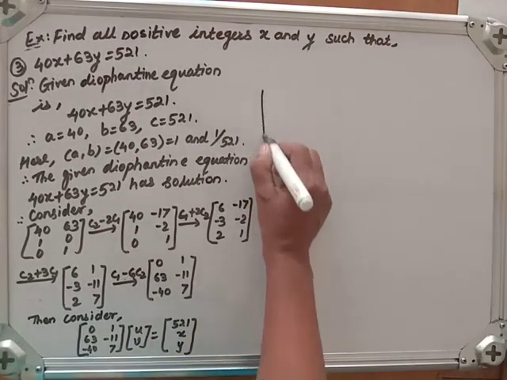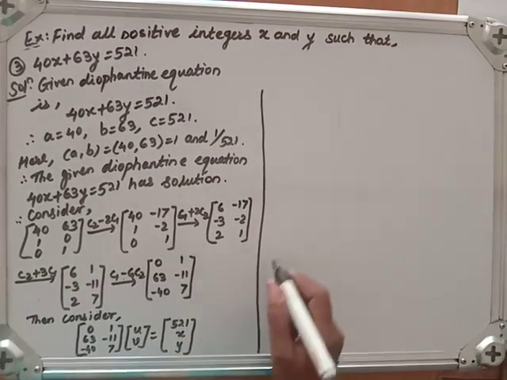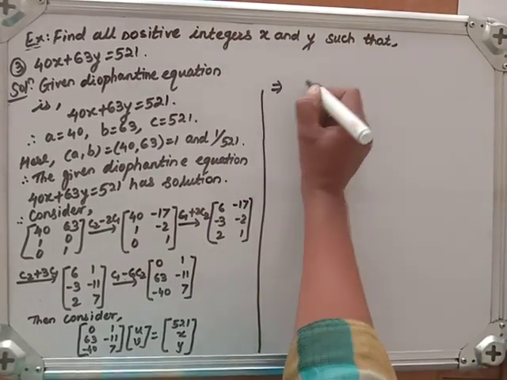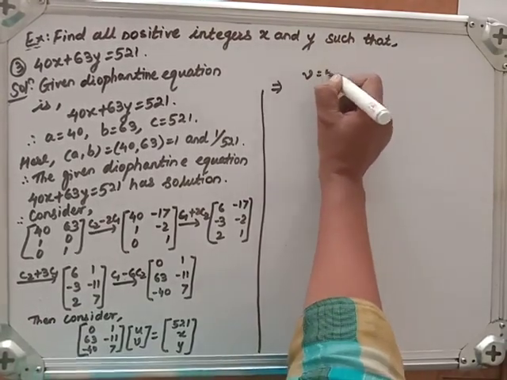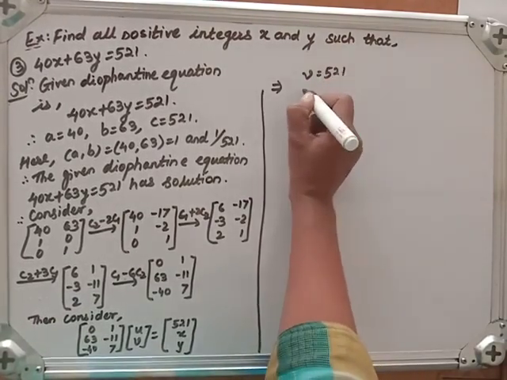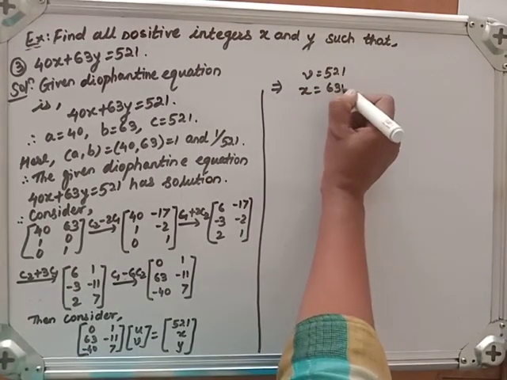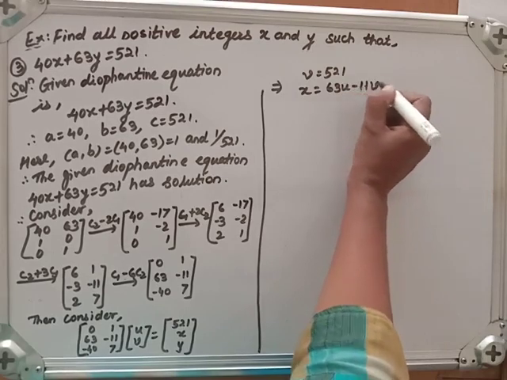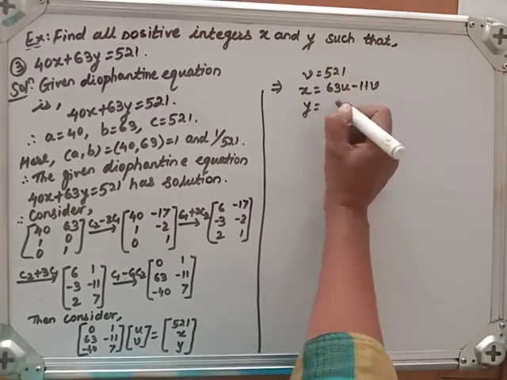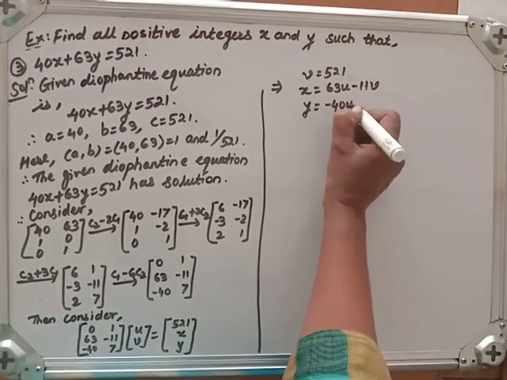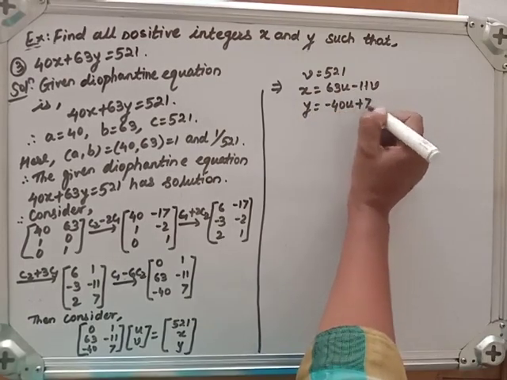So here this gives us v is equal to 521, x is equal to 63u minus 11v and y is equal to minus 40u plus 7v.